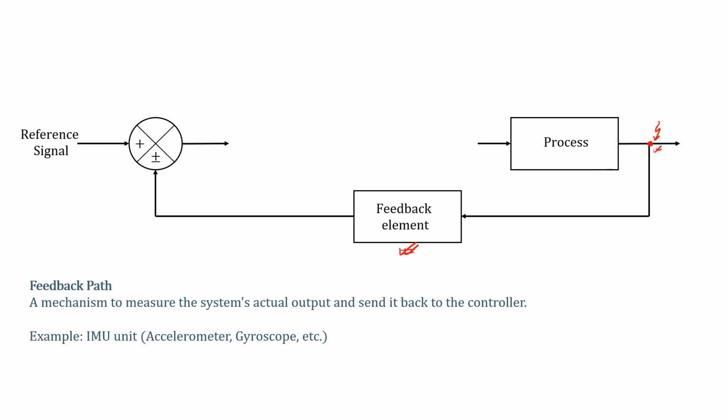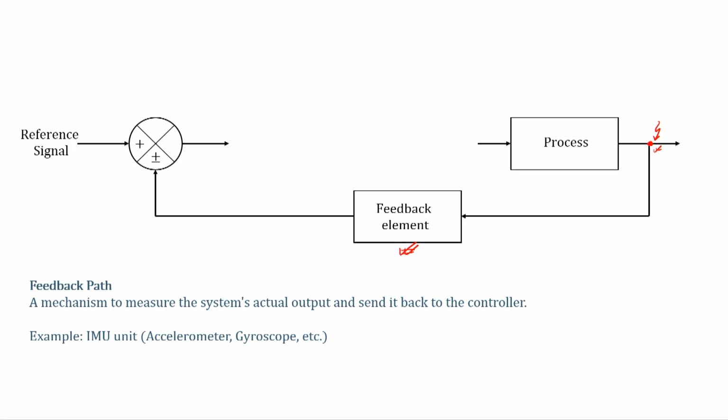What can be an example? In the quadrotor case, the quadrotor was supposed to move to a particular height. So what are we supposed to measure then? We are supposed to measure the height it is at present. Who will measure it? We need some device, some sensor. The sensor in this case would be an accelerometer maybe, or a barometer, or a gyro, one of these sensors. So we can use a barometer, right?